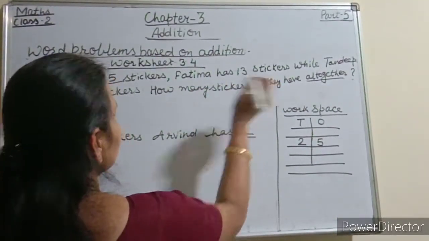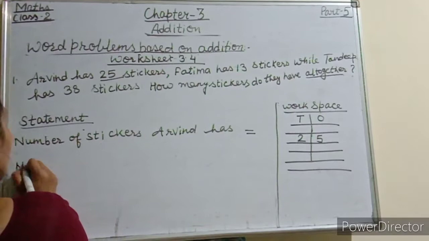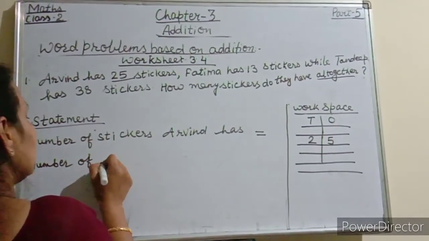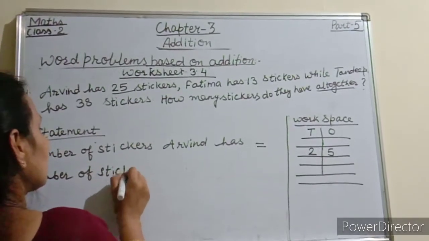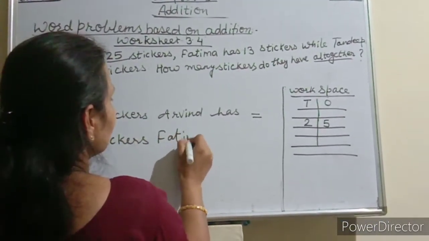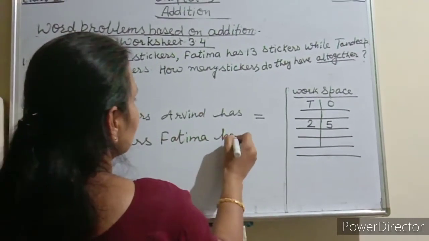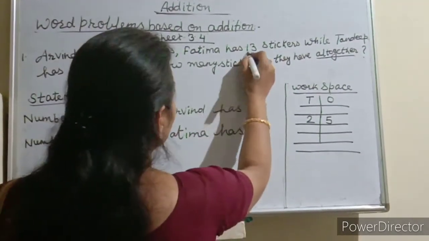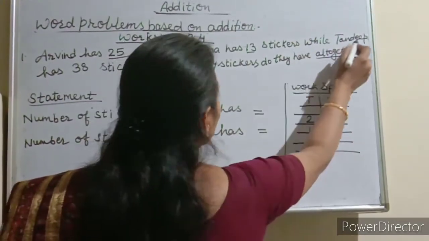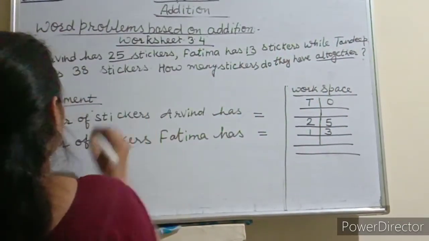Fatima has 13 stickers. So here we will write number of stickers Fatima has is equals to 13. So here we will write 13. While Tanvi has 38 stickers.